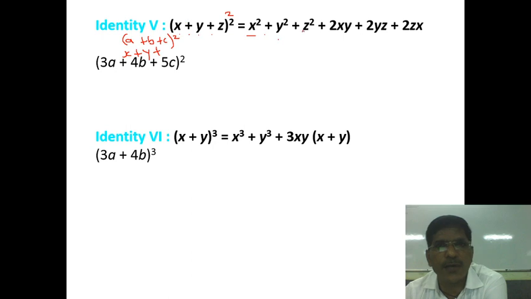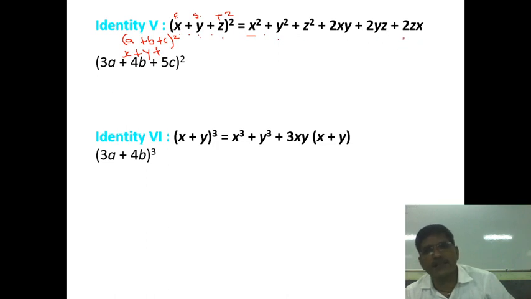So first what do I have to write? How do I have to remember it? 2xy. Here it is the first term, here the second term, here the third term. First term multiplied by second term, so 2xy. Second term multiplied by third term, so 2yz. And last, third term multiplied by first term.